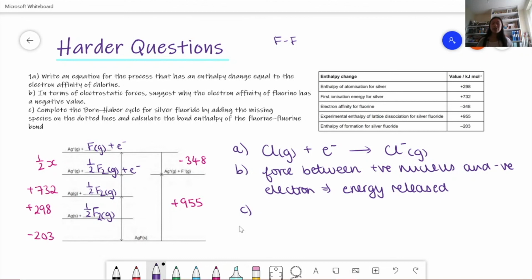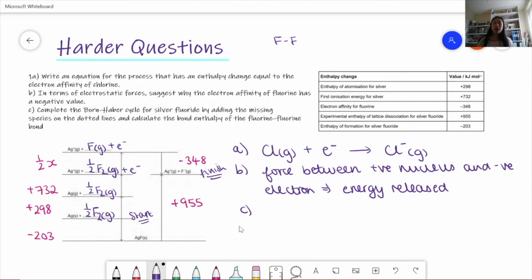Some people like to swap the signs around so that they can do the same thing as we've done before, but just swap the 203 and the 955 into plus 203 and minus 955. So that works. Or you can choose to start and finish somewhere else. So if I choose to start here, but I finish here, then I can keep all the signs as they are, but it will still work.